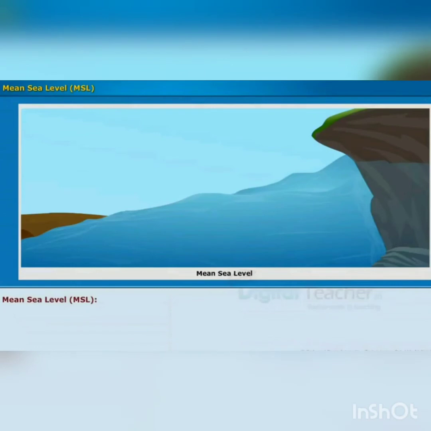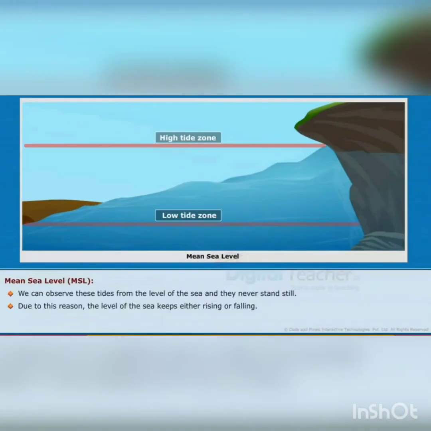Now look at this picture here. They have given you how to calculate mean sea level. It's a cliff area near the sea, and they have given two lines. One is the high tide zone and one is the low tide zone. Actually there are three movements of ocean water.